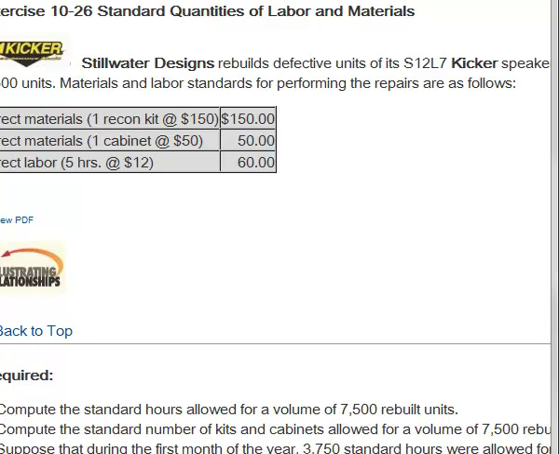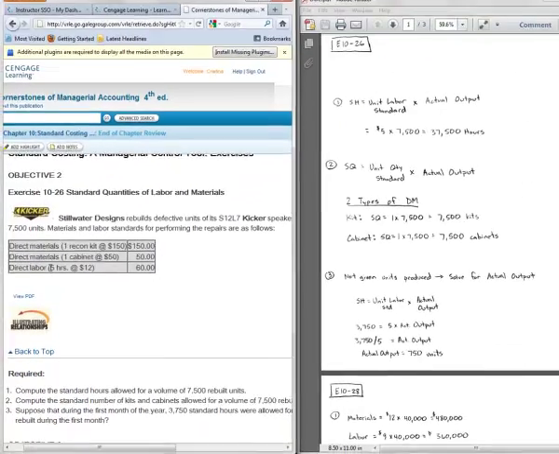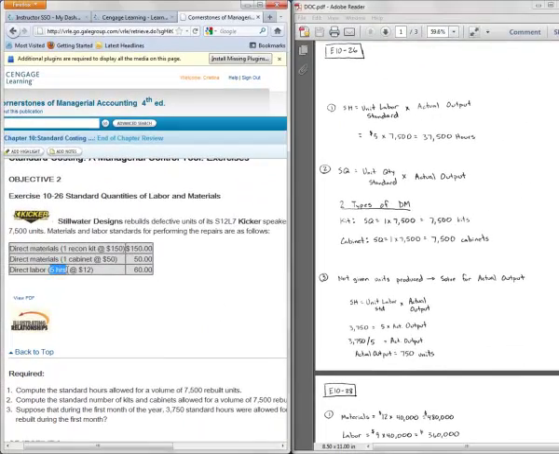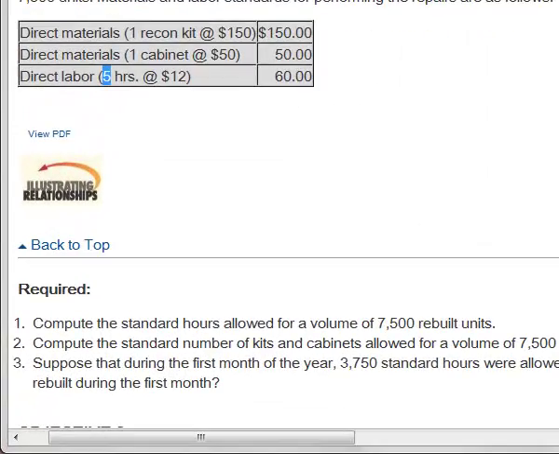So we'll first want to take a look at the problem and see if we have the necessary information. For direct labor, we do have the unit labor standard. We're told here that material and labor standards are given in this table. So we bring this 5 into our equation.